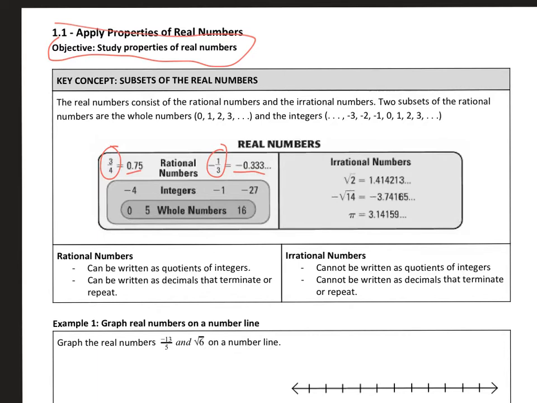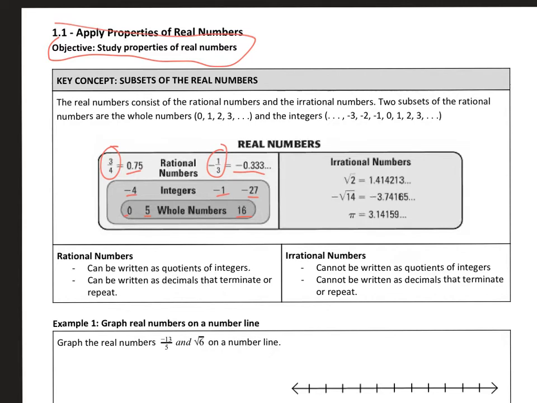Those are fractions, but below that includes the integers, those positive and negative whole numbers. So those are contained in the rational numbers. Inside of the integers, we have the whole numbers, and those are just, like I said, the positive integers, positive whole numbers, including 0. 0 is considered a whole number.